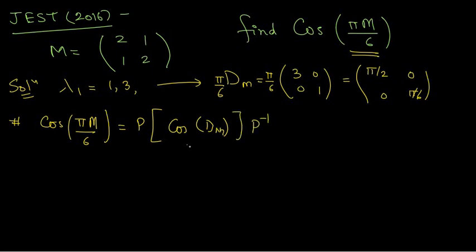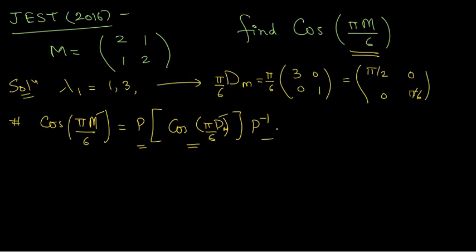Sorry, this will not equal this, there is one slight correction in this term. It will be cos of pi by 6 times dM, because this has to be the same function, and then P inverse.